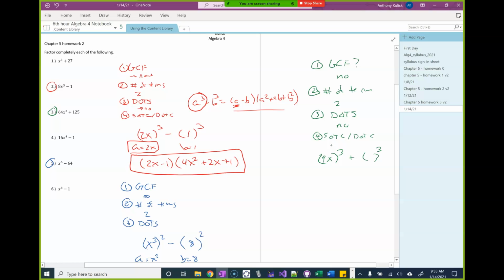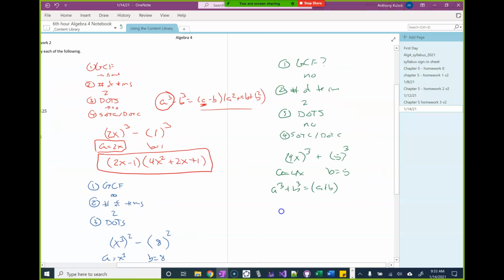Everybody's okay there? 125, can I write that as something cubed? Well, 5 times 5 is 25. And 25 times 5 is 125. So that is 5 cubed. So my A is 4x. My B is 5.